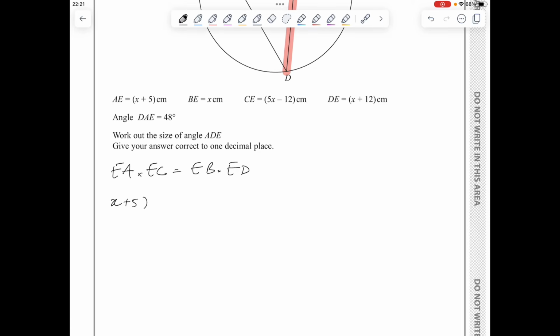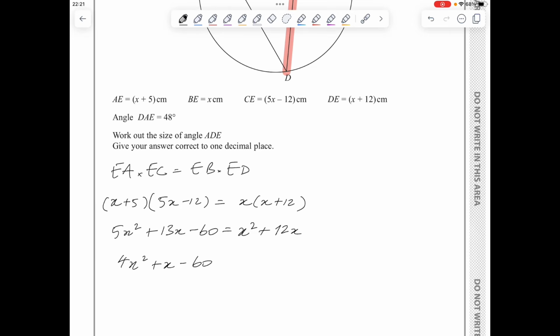x plus 5 times 5x minus 12 equals x times x plus 12. Let's expand: 5x squared plus 13x minus 60 equals x squared plus 12x. Let's take everything to the left, so 4x squared plus x minus 60 is equal to 0.